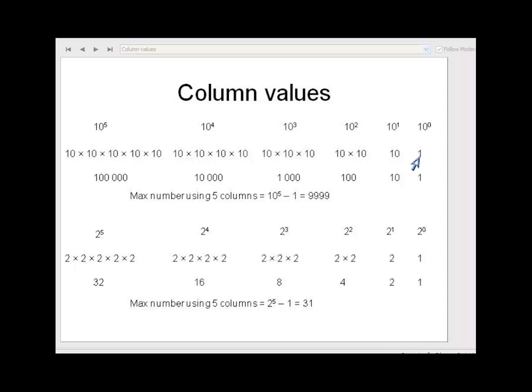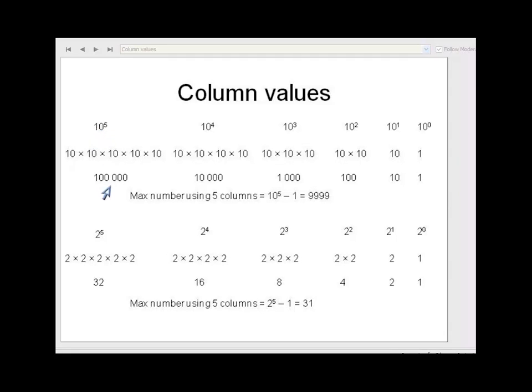Now, units is onesies, and that's 10 to the power of 0. The next column is tens, and that's 10 to the power of 1. The next column is 100, which is 10 times 10, 10 to the power of 2. The next column is 10 times that, so 10 to the power of 3, 10 to the power of 4, 10 to the power of 5.